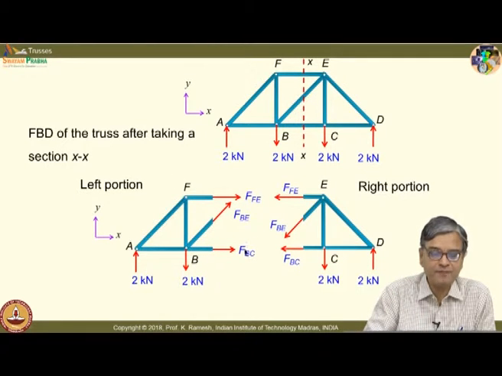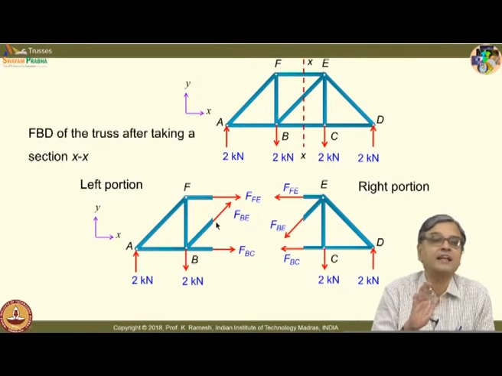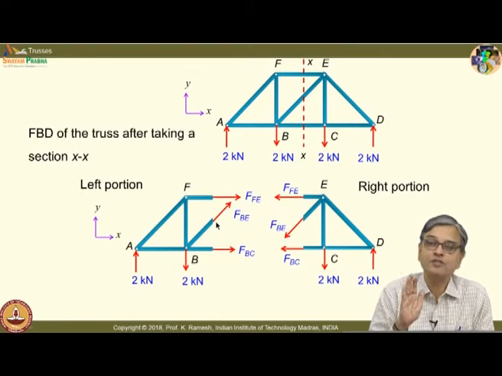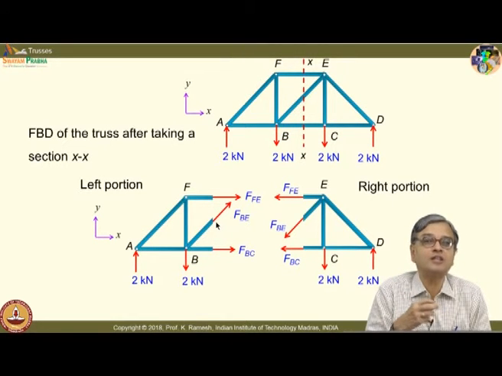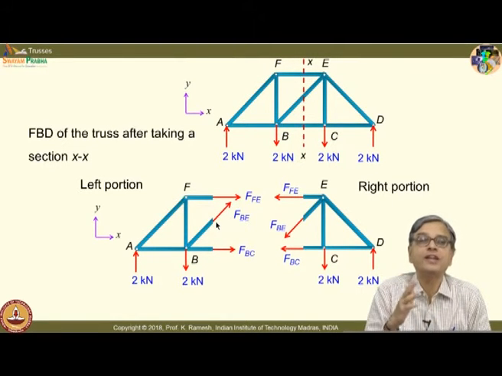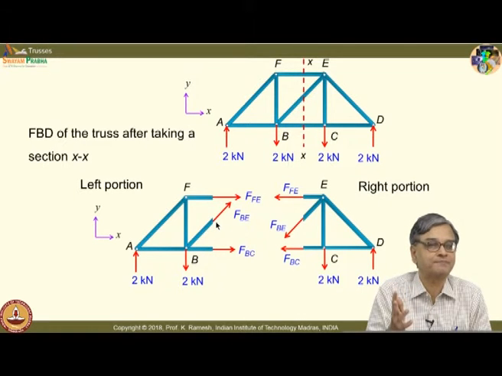On the other hand, when I use method of sections, the force system is not concurrent. So, I can use sigma Fx equal to 0, sigma Fy equal to 0 and sigma Mz equal to 0. I can use all the three equations, but do not jump to use all the three equations without pondering about how to handle the problem.